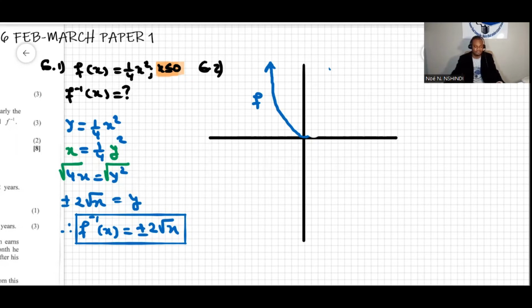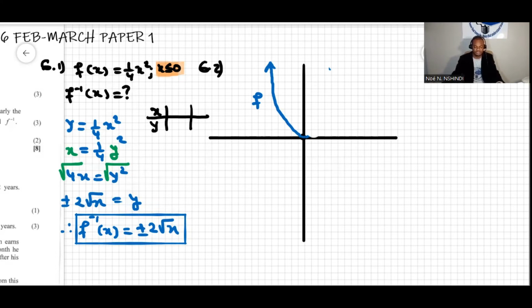Because we have f of x equal to 1 over 4 x squared, I'm going to just write over here a point plotting technique. And also we know that this graph lies at the origin.